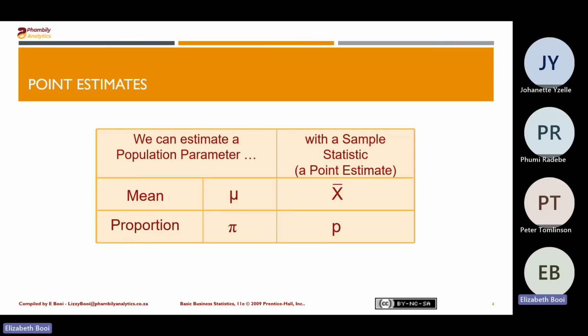And those are the ones we call point estimates. They estimate the value of your parameter. And those measures, we always use the normal letters of the alphabet for them. So it's always simple and easy. Like X bar, the proportion will be P for a sample proportion. So you always need to remember that.